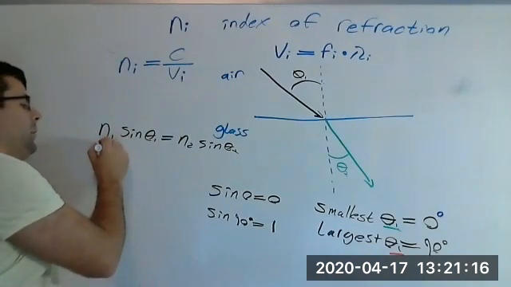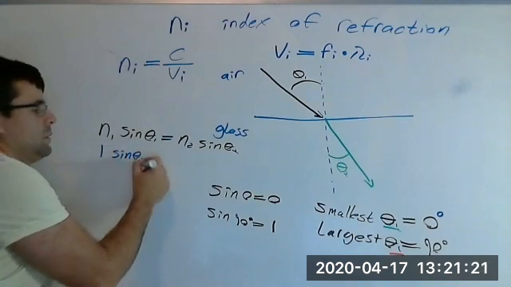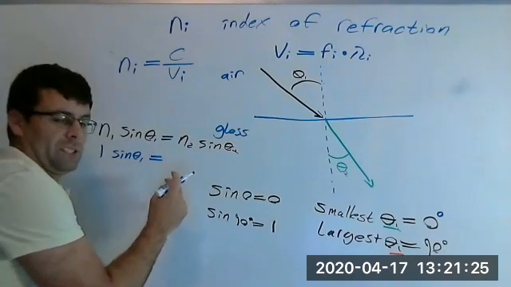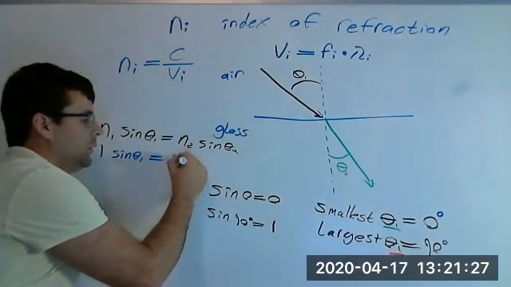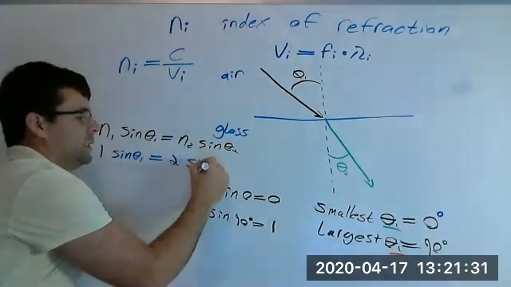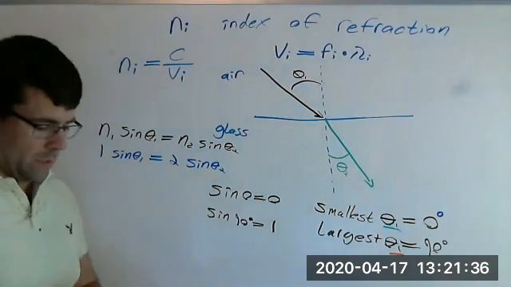Air has an N of about 1. Glass has, let's just say, about 2. Diamond is closer, but we'll just go with this. Okay.